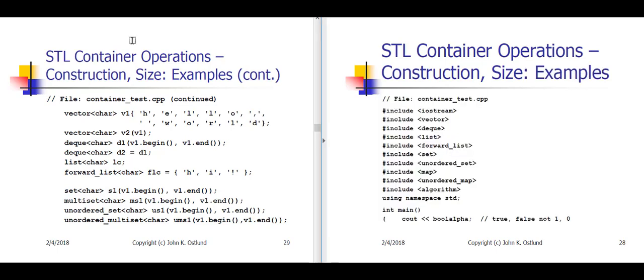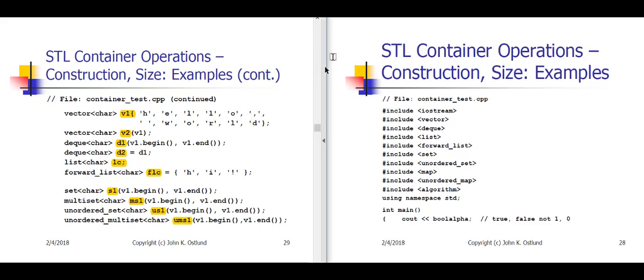In particular, we're constructing the following container objects: v1 and v2, which are vectors, d1 and d2, which are decks, lc is a list, flc is a forward list, and then we have s1, ms1, us1, and ums1, which are a set, a multiset, an unordered set, and an unordered multiset, respectively.